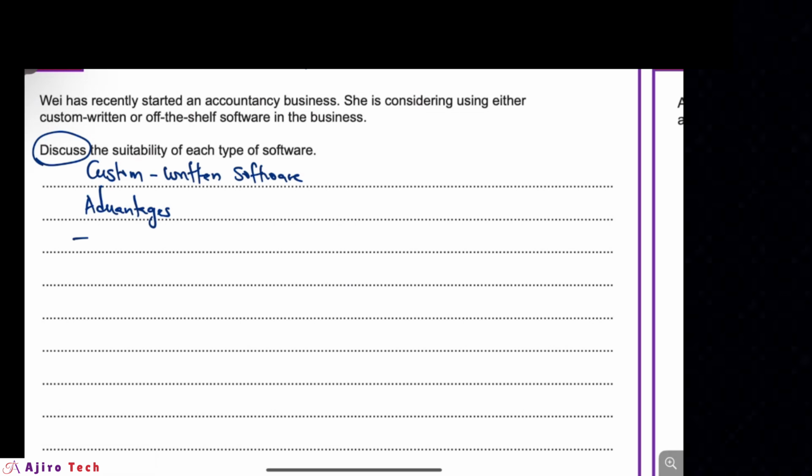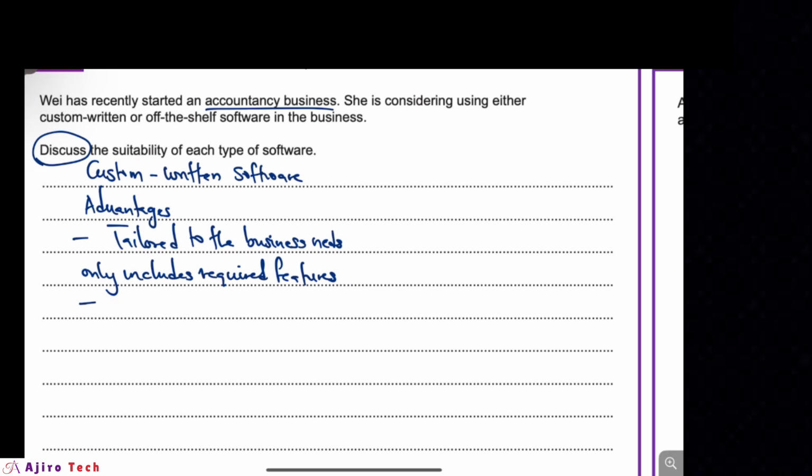Now, for the custom written, it is tailored to the business needs. So it only includes required what? Features. That's an accountancy business, okay?